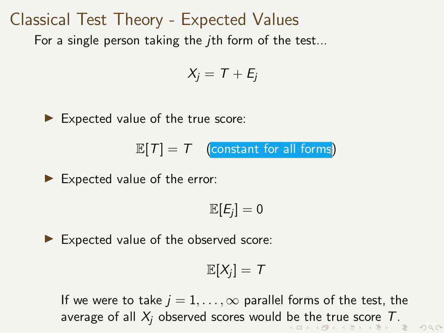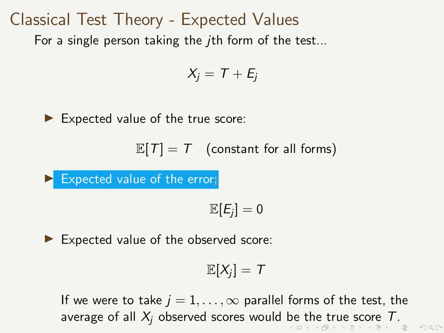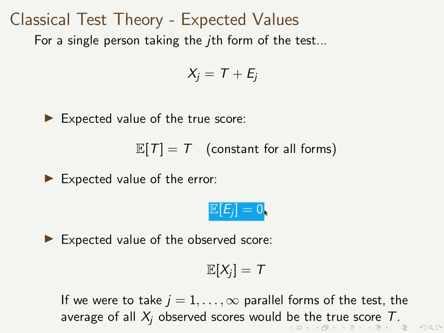We assume it's a property of the entity we're trying to measure, in this case the participant taking many parallel forms of a test. The expected value of the error, because the error follows a normal distribution centered at 0, is going to be 0. So in the long run, over many different parallel forms of a test, I expect all errors to cancel out.